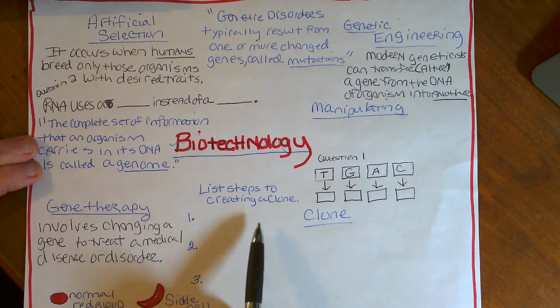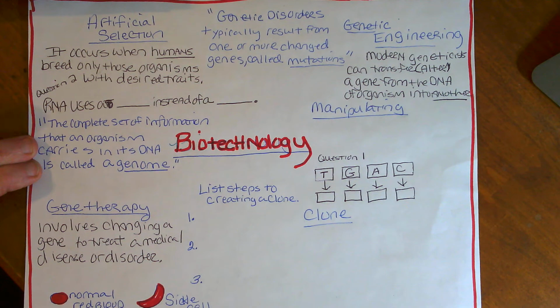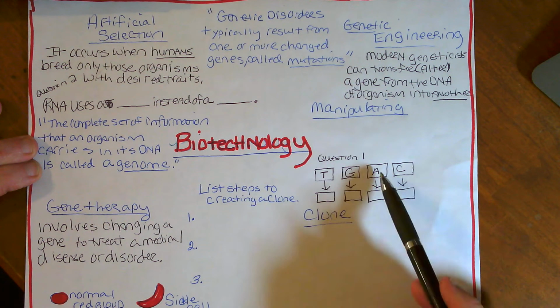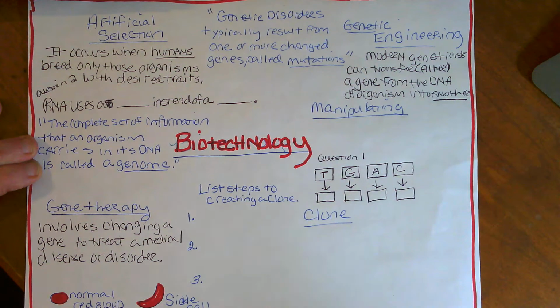The other question I have here is list the steps of creating a clone. I'm looking for 3 steps. You're going to find them on page 167. Please write them in right there. Another question I threw in is, what does T always match with? What does G always match with? A and C. Please fill in the blank right there.